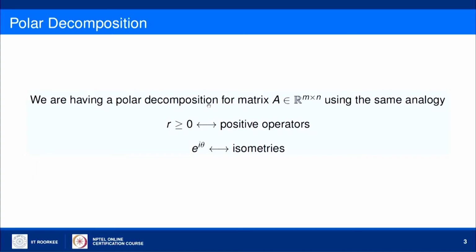We have a polar decomposition for any matrix A, real or complex, of size m by n, using the same analogy as with complex numbers: r is greater than or equal to 0, meaning a positive operator, and e raised to power i theta is similar to isometries or rotational transformations. So, let us learn this.